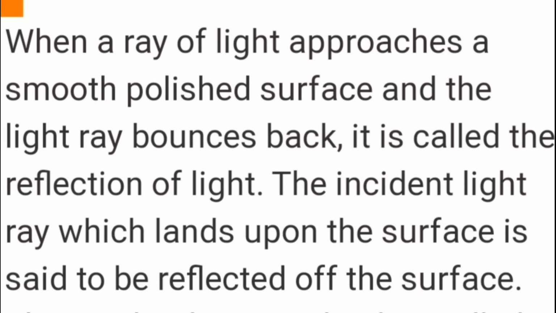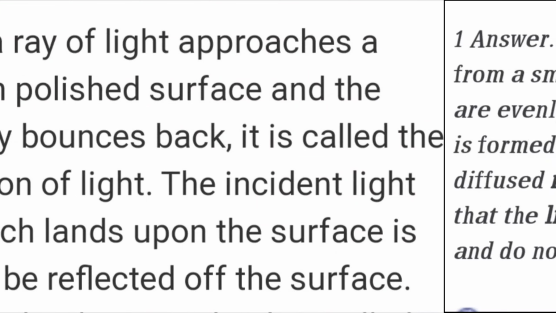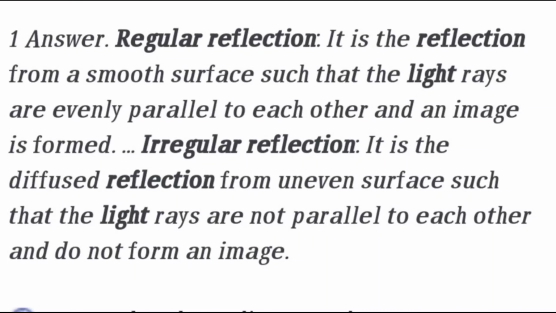In our daily life, in so many places, we can see these regular and irregular reflections. If you take a torch and light it, and the ray falls on a plane mirror by which you can see your own image, then regular reflection is happening.